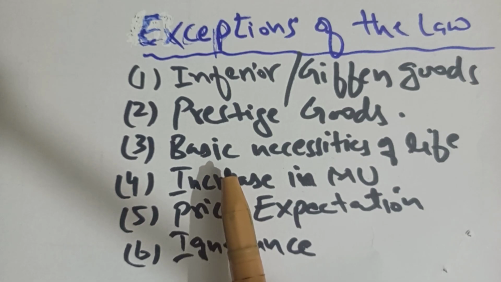In the case of basic necessities of life, such as flour, rice, salt, medicine, sugar, etc., the law of demand is not applicable, as the demand for such necessary goods does not change with the rise or fall in price. The demand for them remains the same or constant. The price does not affect the demand for basic necessities of life.